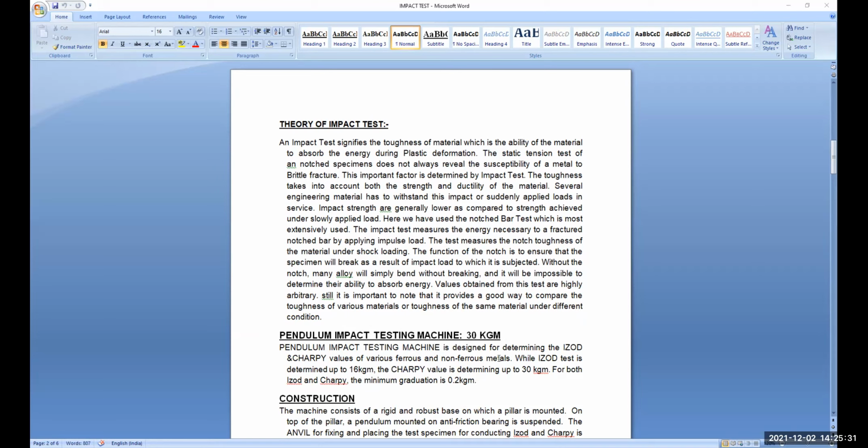It is designed for determining the impact values of various metals and non-metals. While the Izod value is determined up to 16 kg-meter and the Charpy value is determined by 30 kg-meter, for both Izod and Charpy the maximum resolution is 2.2 meters.